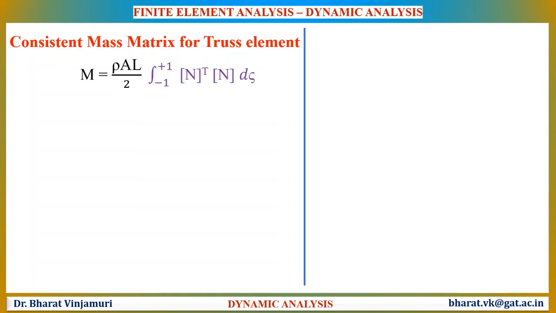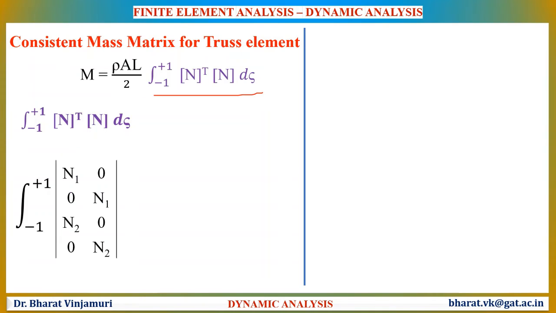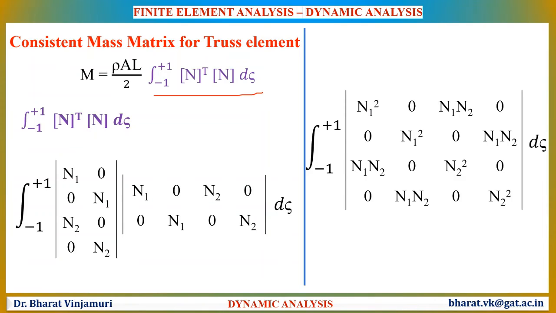As discussed in the previous procedure, let us first find the integral of the limits of N transpose multiplied by shape function N. By multiplying the matrices of the shape function and its transpose, we end up with the equation as shown in this figure.